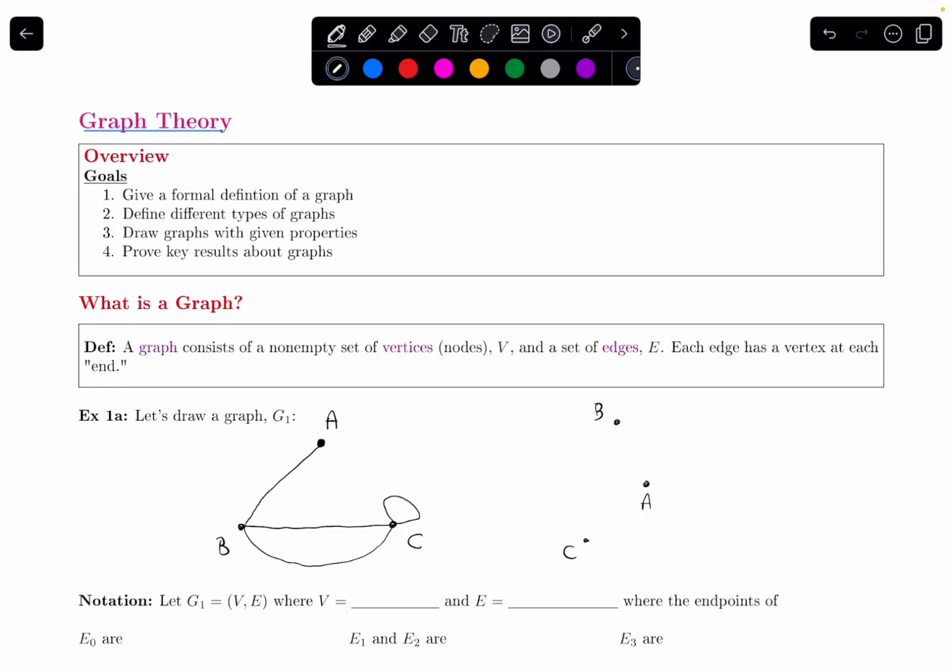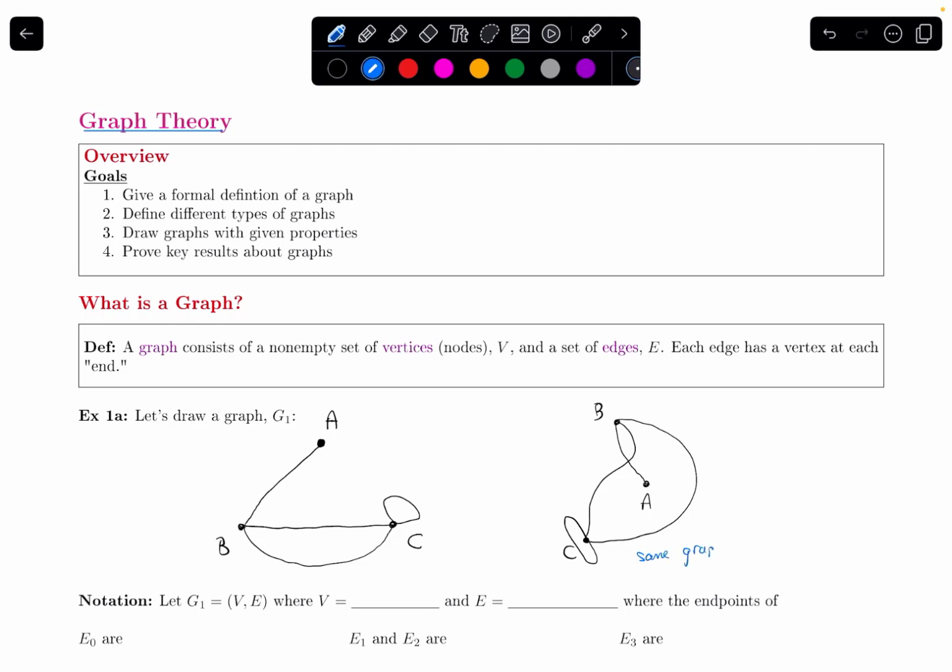So as long as there's just one edge connecting A to B, two connecting B to C, so maybe one connects B to C like this, and maybe the other one connects B to C like that, and it's totally fine for these edges to cross over one another. That's okay. It doesn't mean that there's another vertex here. It just means that that's how it's drawn. And then I need this loop from C to itself. So I've got the exact same vertices, exact same edges. They're just bent in different ways, but that's still the same graph.